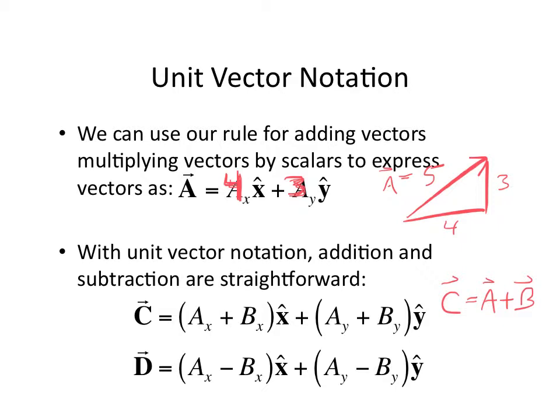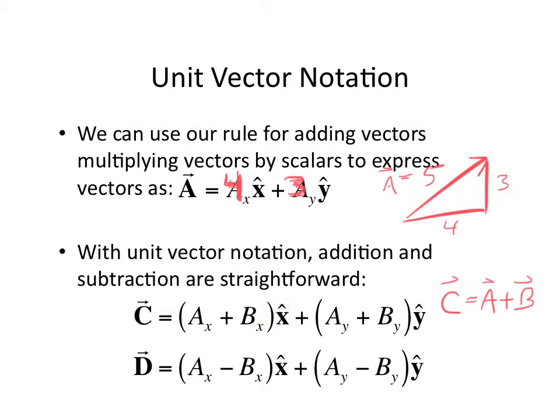Vector C is made up of the A x component and the B x component, which is told to us by this x hat after it. But this is not multiplying anything. It is simply saying all of that is in the x direction, and then plus the y component of A plus the y component of B, all in the y direction.